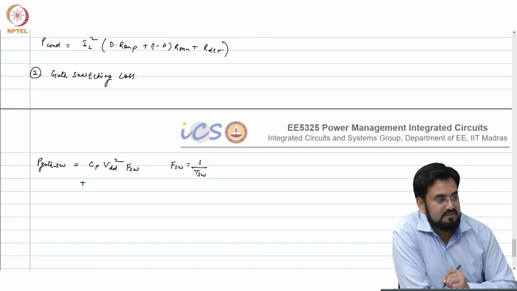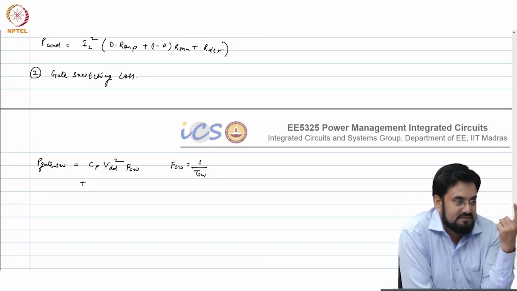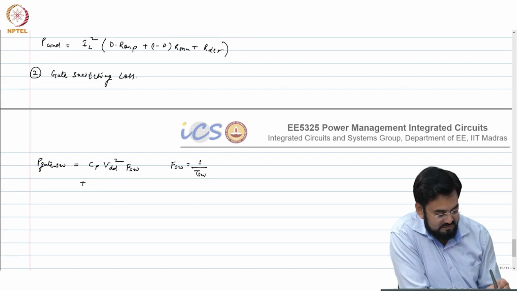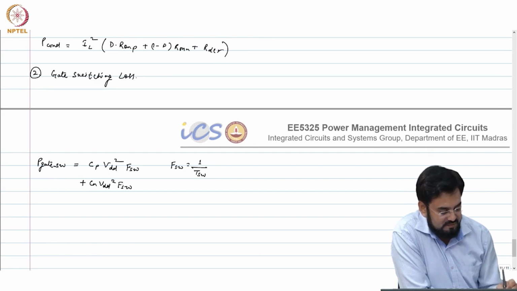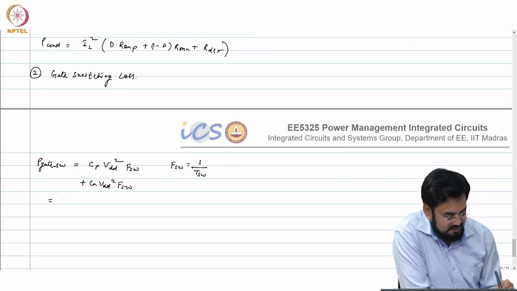Plus you have two gates. How much will that be? Cn. So it is nothing but Cp plus Cn.